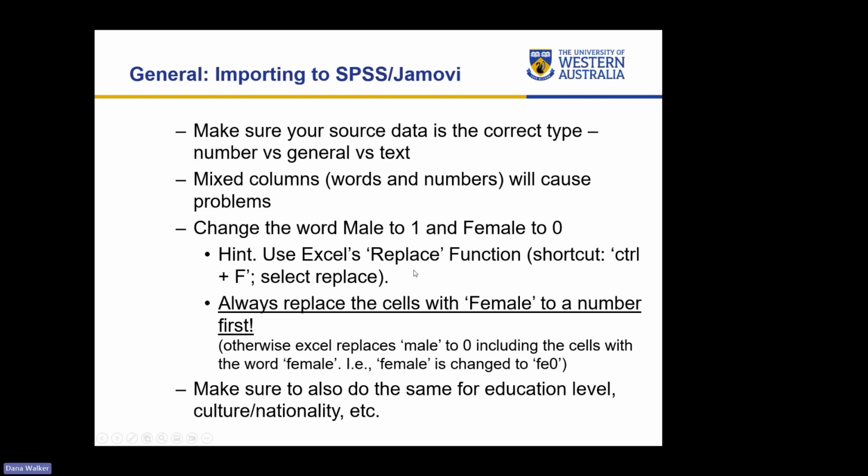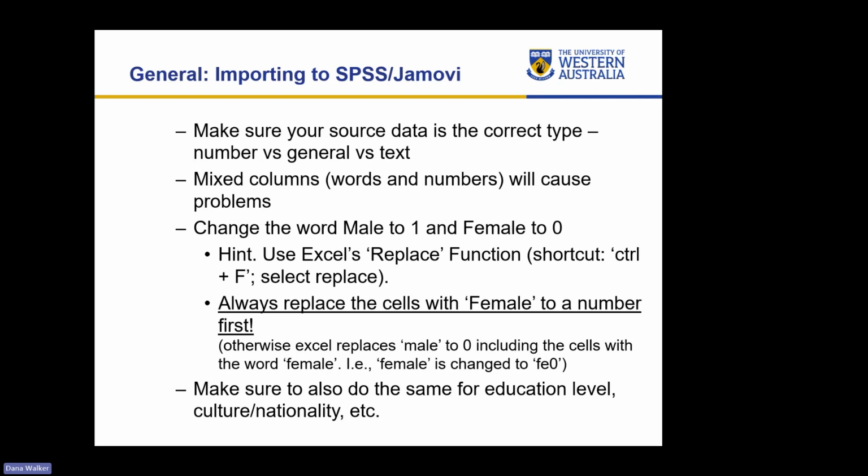Hint, make sure you replace the word female first. Otherwise, if you tell Excel to replace male, every male in the spreadsheet with a 1, it will change your female words to be, so in this case, 0. I got them mixed up here, but you guys understand. It will look for the male in the word female and change it to 0.